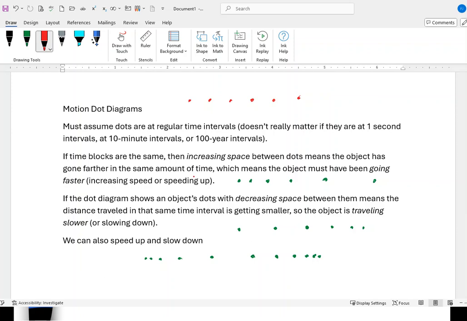The important part is they are at regular time intervals. So the time between this drop and this drop is going to be the same as the time between this drop and this drop. Okay, let's just assume that, because if we can't assume that, it's not going to do us any good. We won't be able to solve anything.